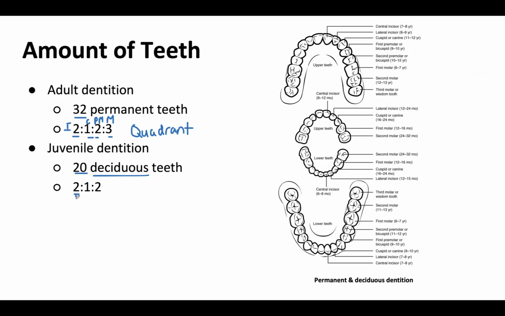There are going to be 2 incisors, 1 canine, and 2 molars. Note, there are not premolars in juvenile dentition. And there will be 1 less molar. So there are no 3rd molars or wisdom teeth here because presumably once you're an adult with all your molars, you have more wisdom. That's where the name comes from.